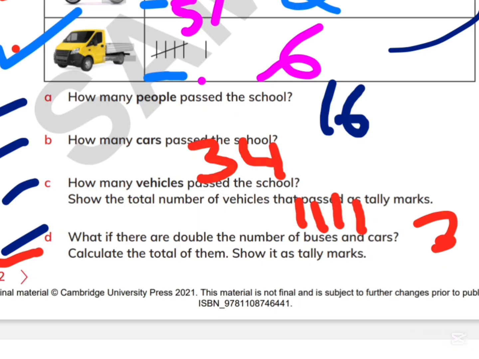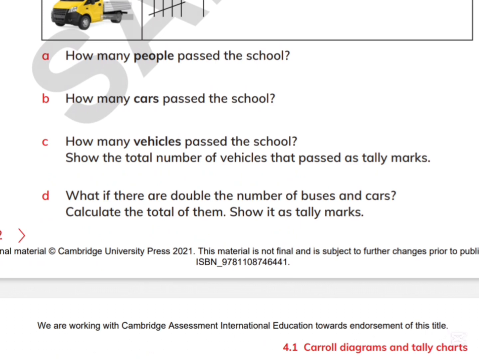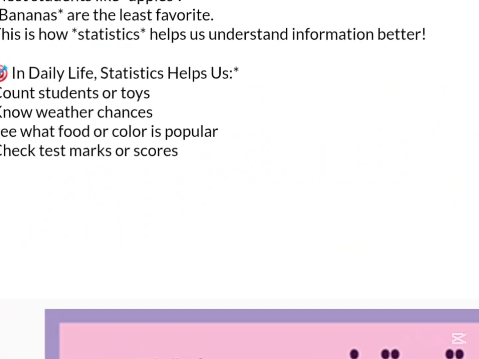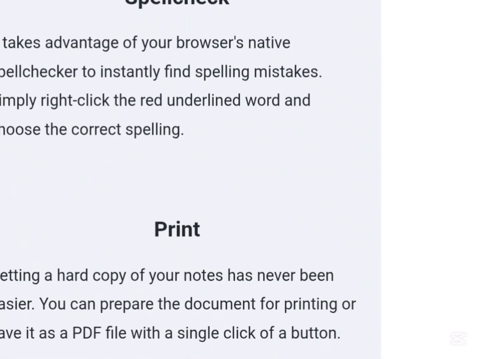This is question number 2, part D, page 72. I am writing this on the blank page so that you will be able to know how we have to write. This is our blank page.